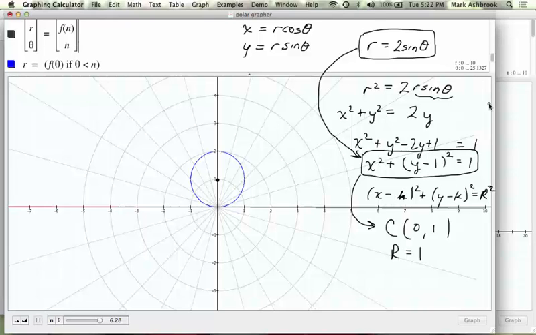Any questions? All right, so how about, could we write y equals 1 plus 3x? What is that? What does that graph as? A line, right? Okay, so could we write this as r is a function of theta?